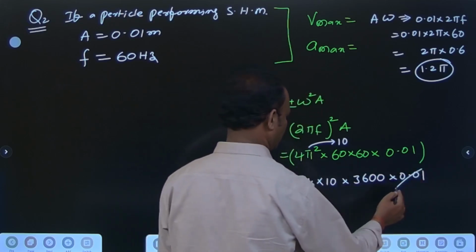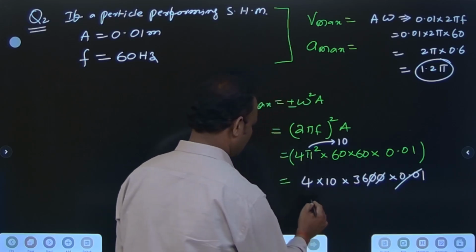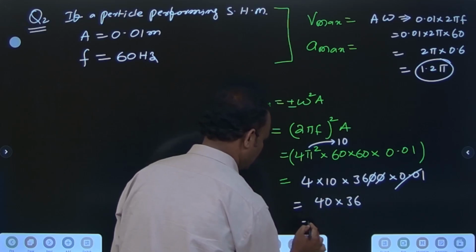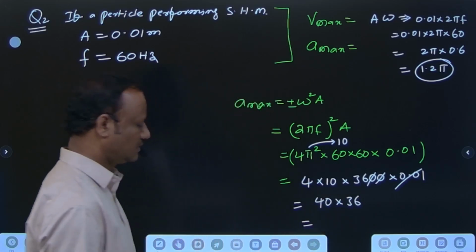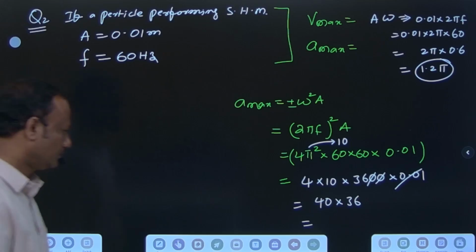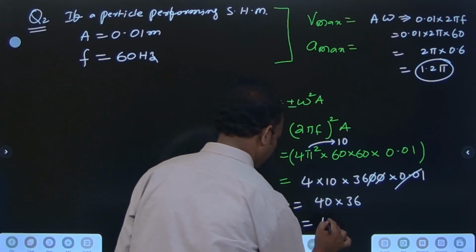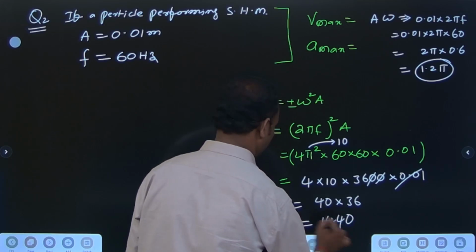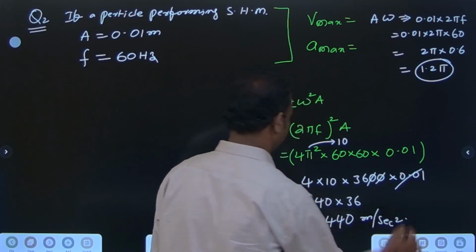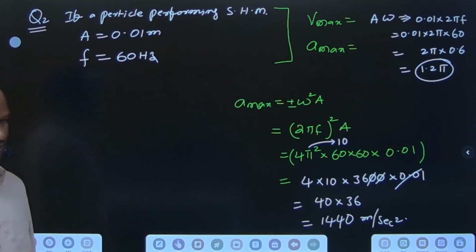This 0.01 cancels. So 40 into 36. What's your answer now? 36 into 40 is 1440 meter per second square. Acceleration.